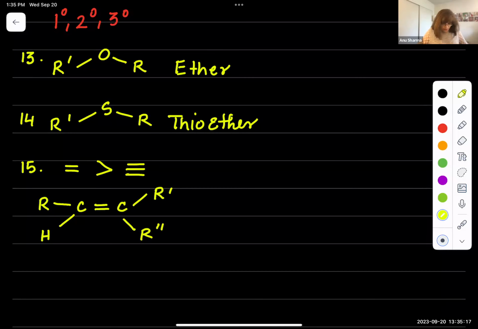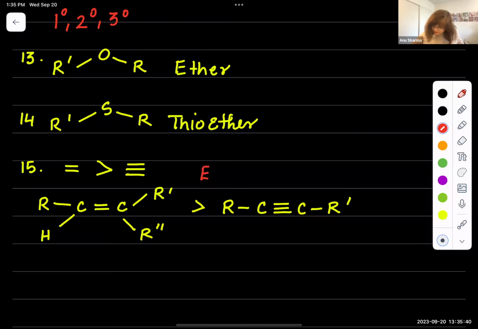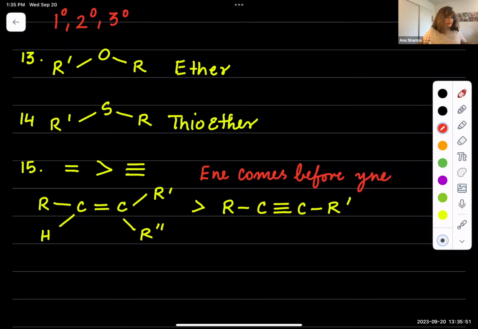If there are double and triple bonds in a molecule, then R, C, triple bond, C, R', the triple bond will have a lower priority in numbering. So we say ene comes before ine when we name them, okay? Next is the functional groups that are always prefixes.